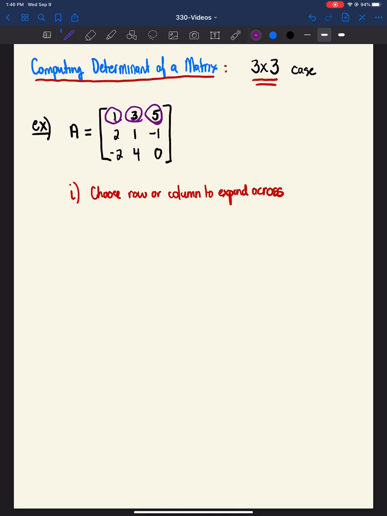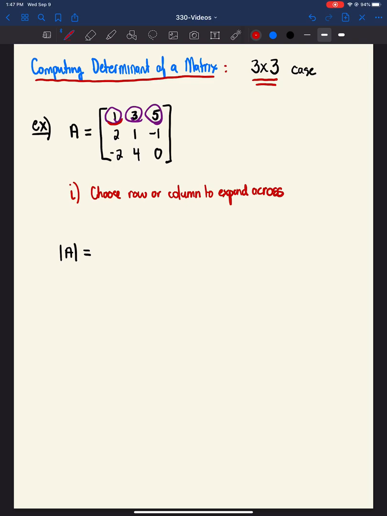It won't matter which row or column we use, as long as we follow the process of finding the determinant the correct way. So the way in which finding this determinant works is we take the first value that we are going to expand across. So in this case, consider the 1.